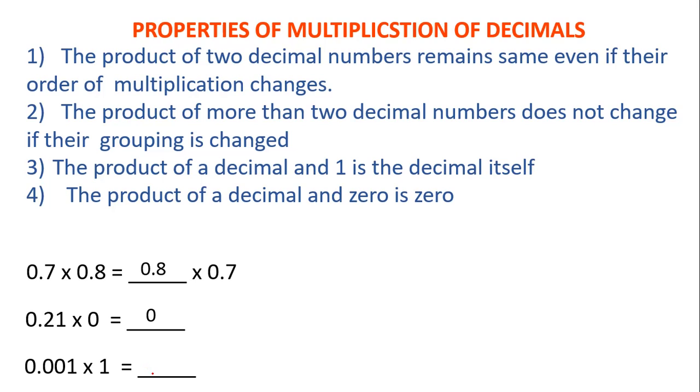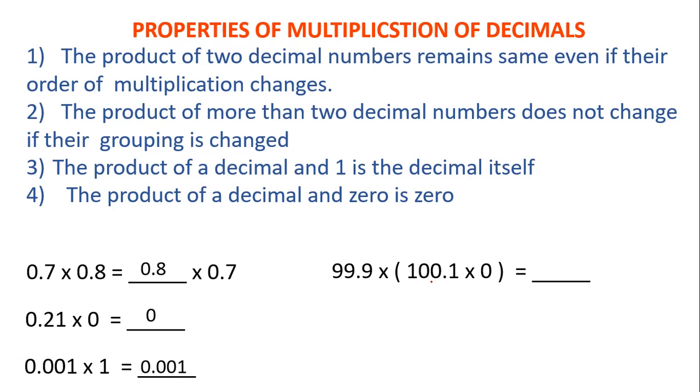This fill in the blank is based on third property, because here we have to find product of decimal number with 1. So product of decimal number and 1 is decimal number itself. Since in the fill in the blank we will get the same decimal number, that is 0.001.